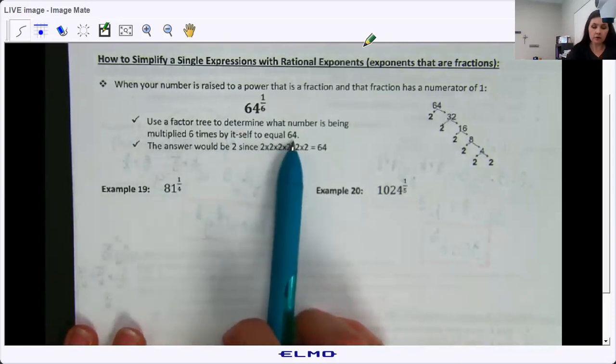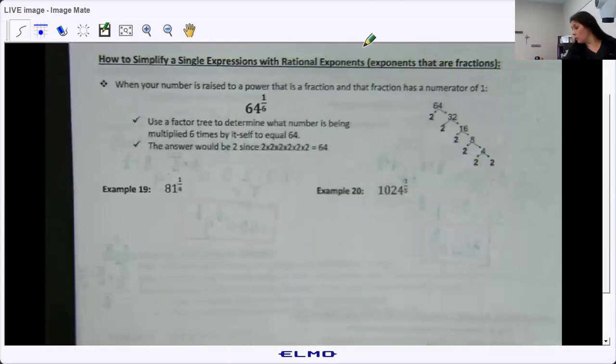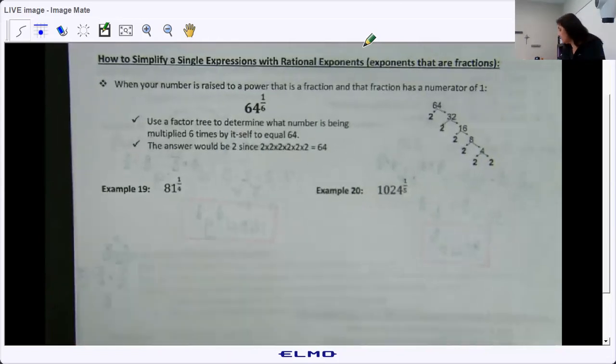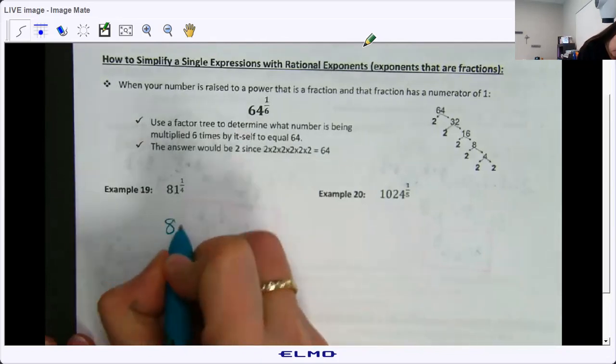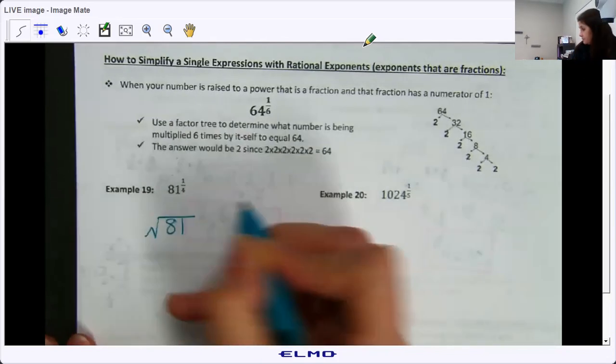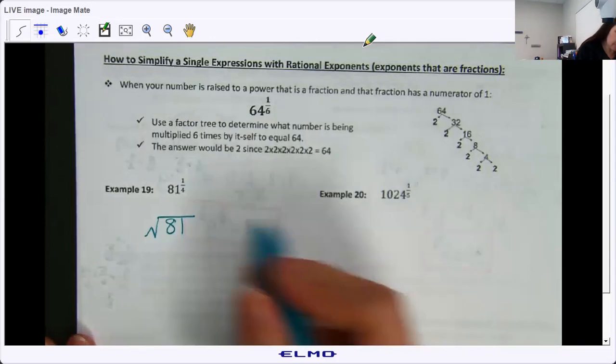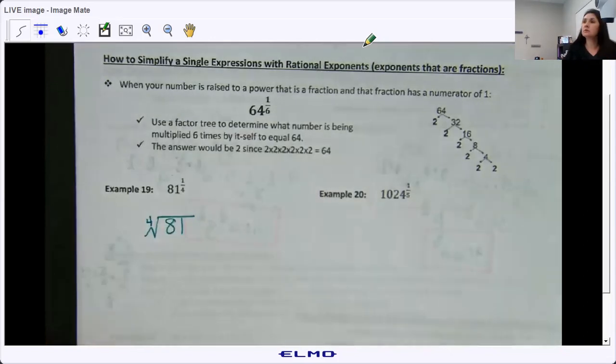Okay. So the way that you would actually write this, though, would be 81 in a square root, and you have a 4 right here.